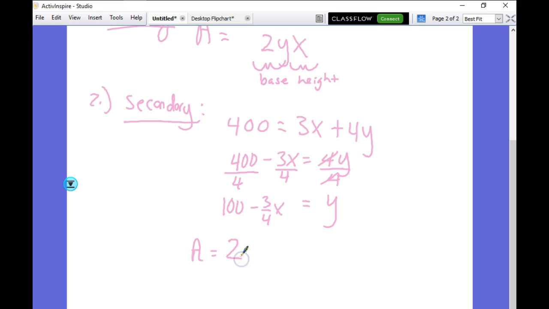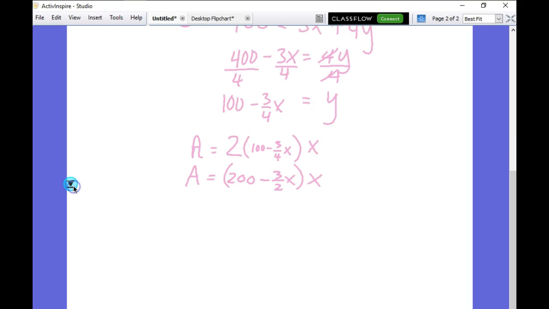So I'm going to replace what letter? There we go. And now I'm just simplifying this a little bit. And that's the end of step 3.